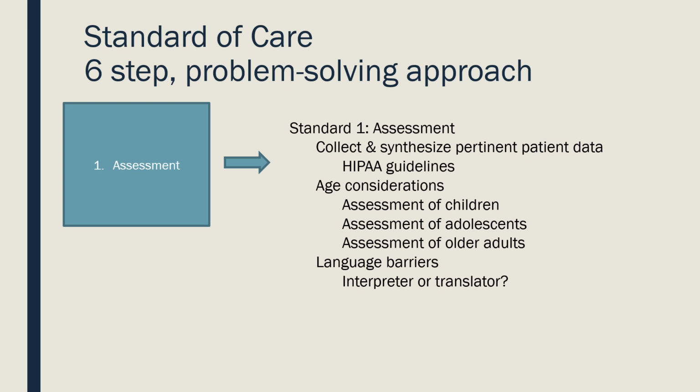When we define interpreter, that's someone who interprets the spoken words of a foreign language speaking person, or someone that might use American Sign Language. A translator is the individual who speaks one or more languages in addition to English, who translates the written word. So just understand the differences between interpreter and translator.